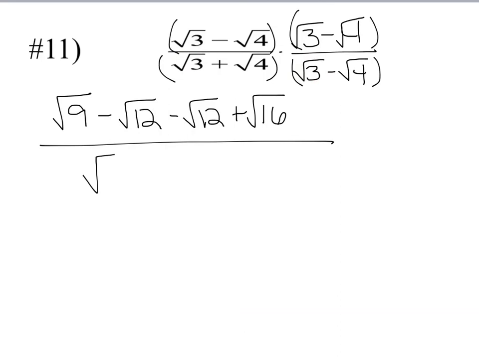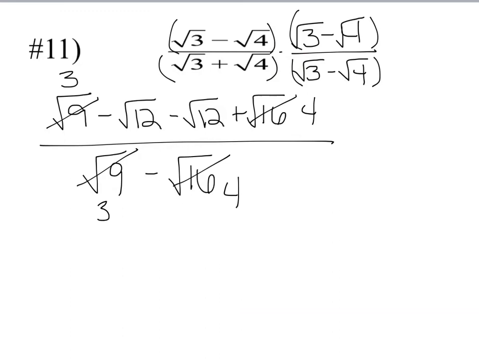together to get square root of 9, and then multiply your second terms together to get negative square root of 16. So here the square root of 9 is 3, square root of 16 is 4, square root of 9 is 3, square root of 16 is 4.